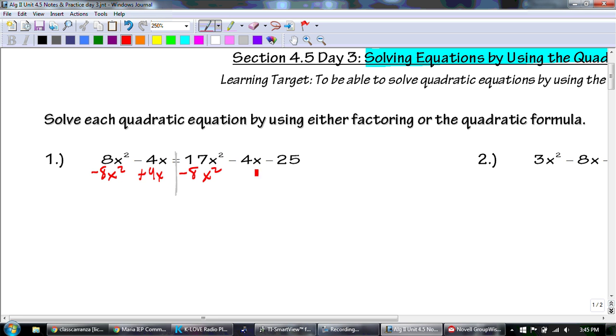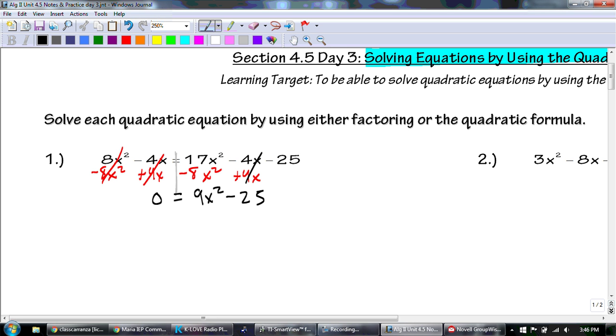Add the 4x, add the 4x. This way everything on the left side equals 0. 17 minus 8, we get 9x squared. The negative 4 and positive 4 cancel, 25. So we got 9x squared minus 25 set equal to 0.